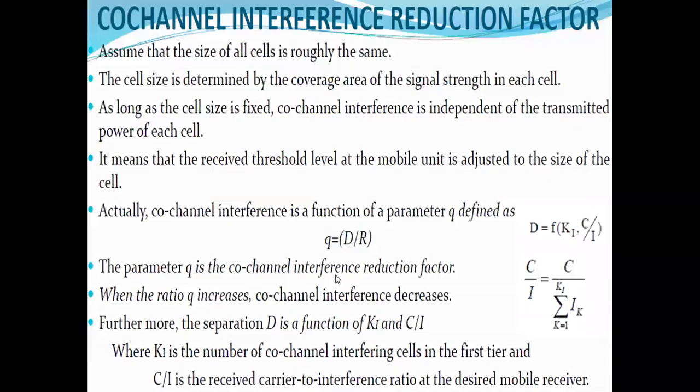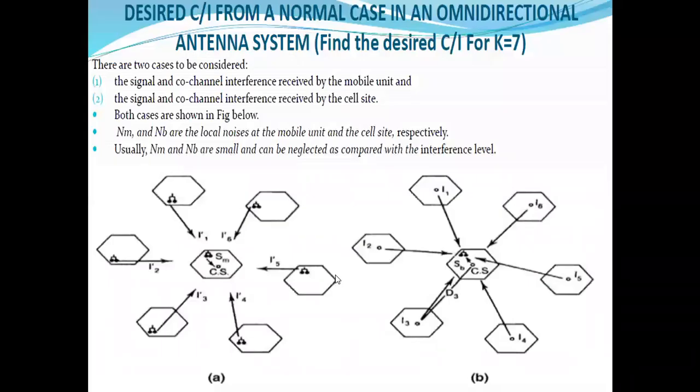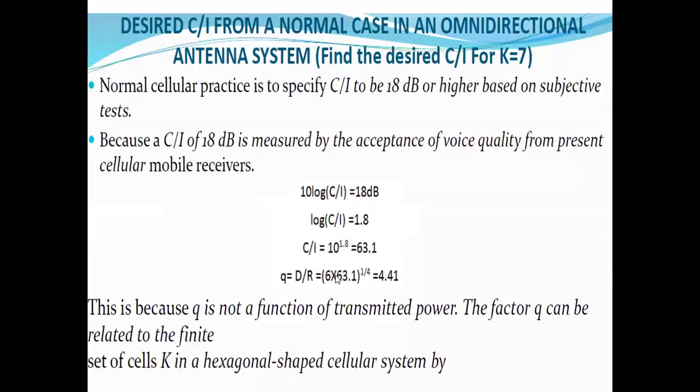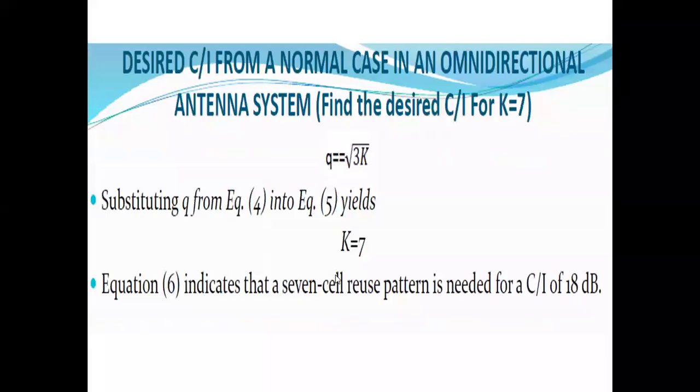So here we have calculated the C by I for K equal to 7. Now we know that Q is equal to the square root of 3K, and we are getting K equal to 7, which indicates the seven-cell reuse pattern that is needed if I want to get C by I equal to 18 dB.